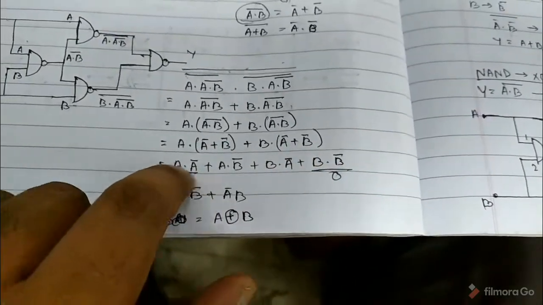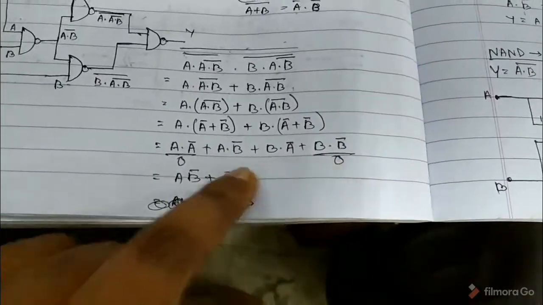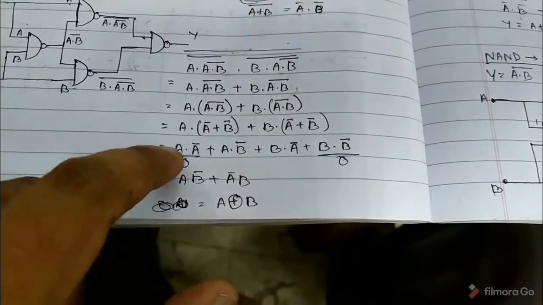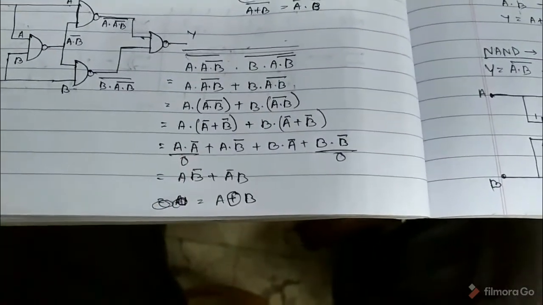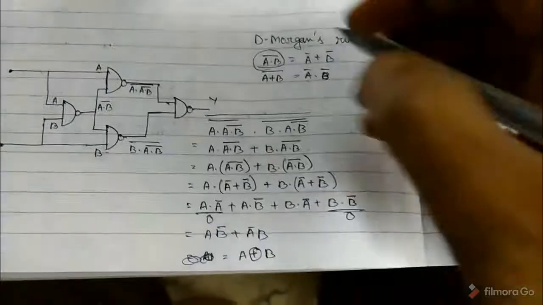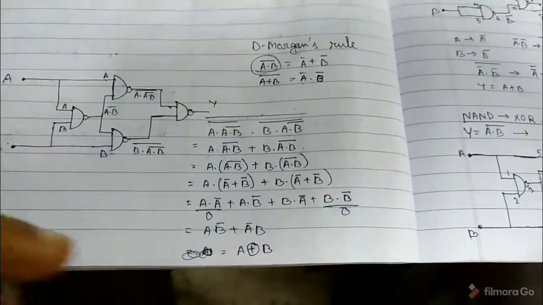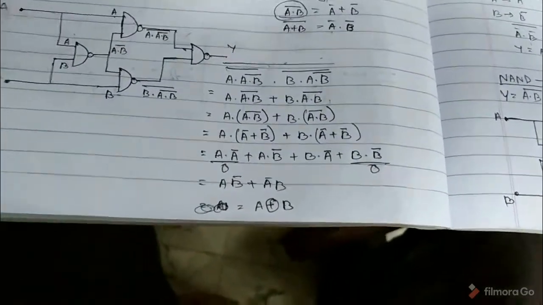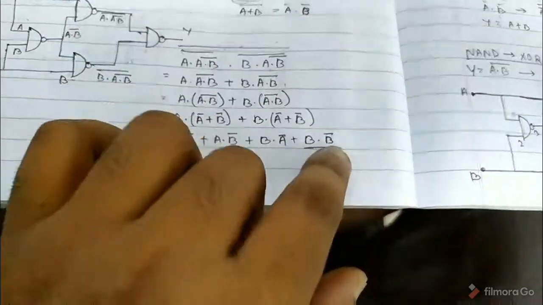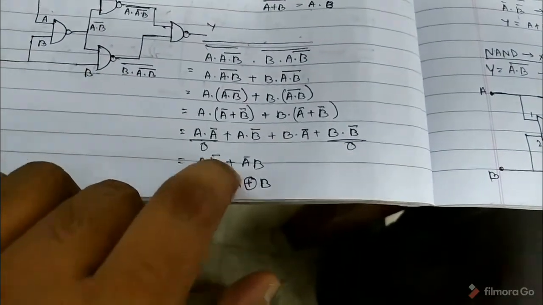And A dot A bar and B dot B bar, I have written 0 here because any number multiplied by its complement becomes 0 in digital electronics. A dot A bar is 0 and B dot B bar is 0. So we are getting A B bar plus A bar B.